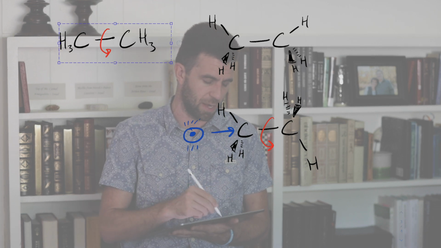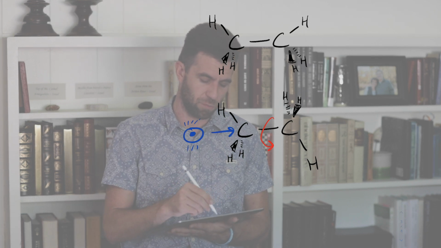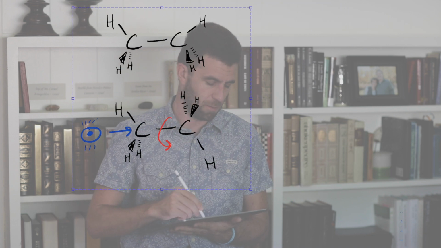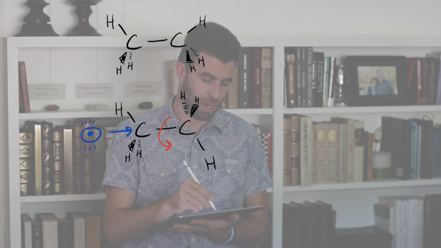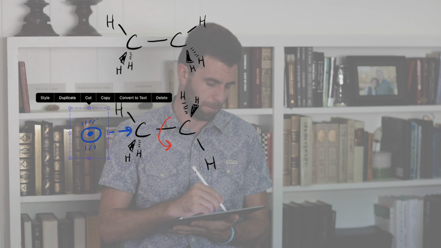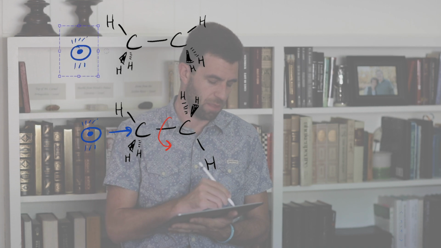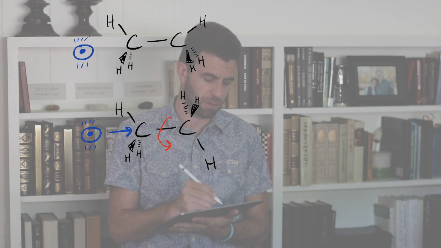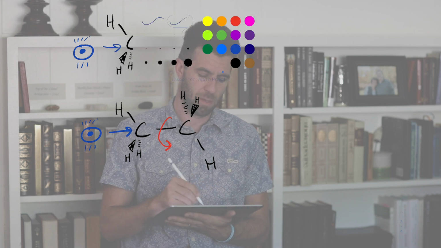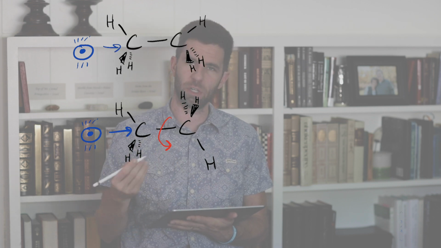And here, I'm going to go ahead and move everything over so we have room. In the meantime, I'm also going to draw this one where I'm looking down the bond. So we're going to do this for both of these. I want to show you what it looks like.